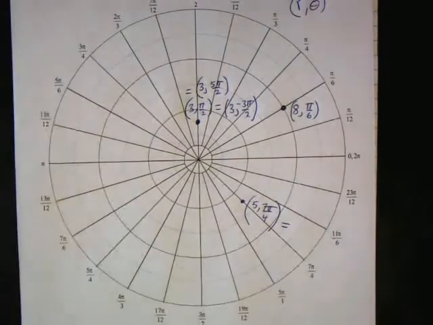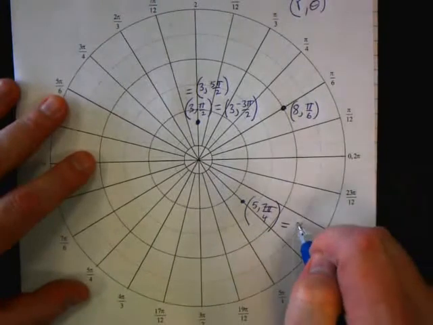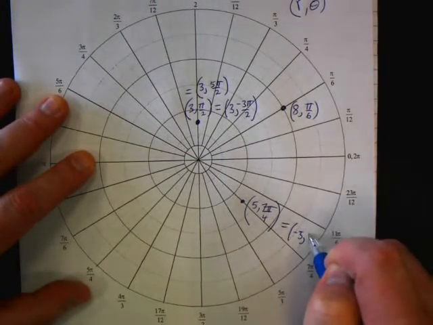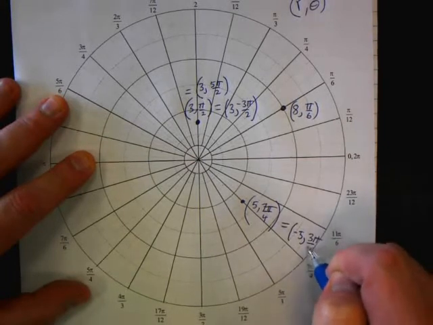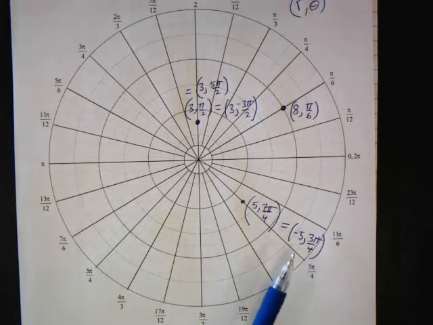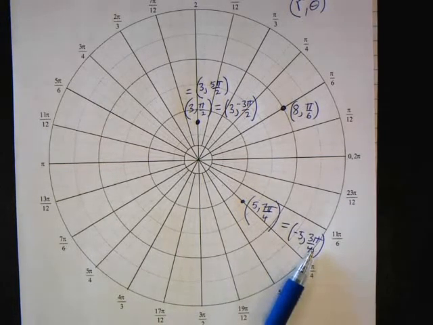We would also accept negative 5, comma, 3 pi over 4 as an answer for this point. So we do allow in polar coordinates for our radius, our r value, to be a negative number. Why, if this is negative 5, did I have to use 3 pi over 4?